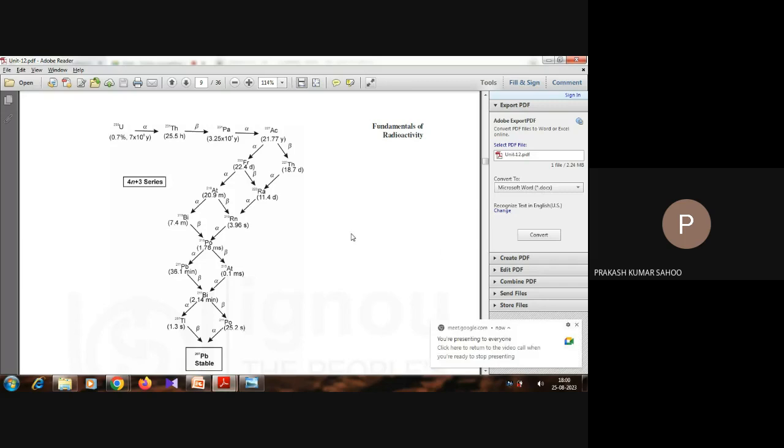So from this simple calculation, you will be able to detect to which series this conversion belongs. Simply divide the mass number by 4, and the remainder is the plus part, that is 4n plus 3.